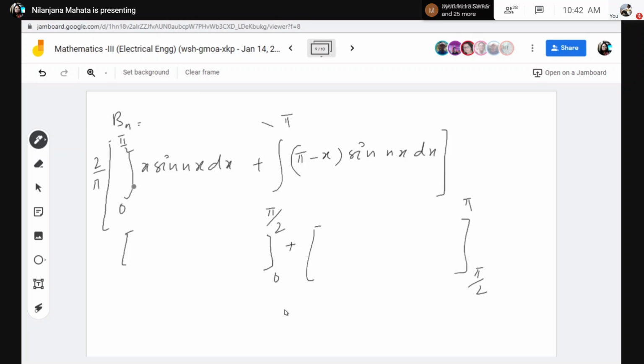This will be x into the integration of sine nx, that means x into minus cos nx by n, then minus plus integration of cos nx will be sine nx.